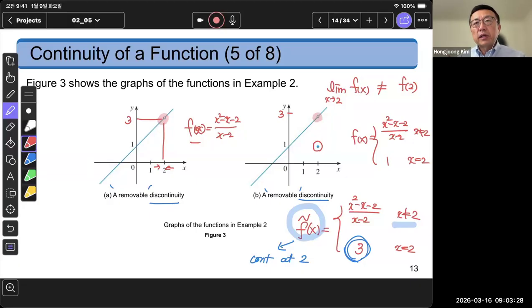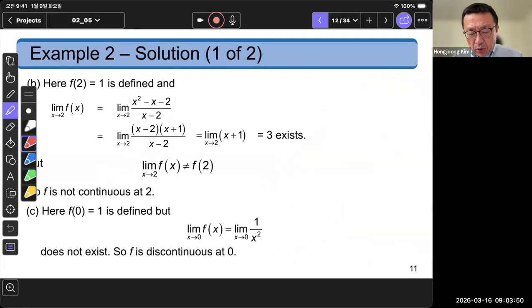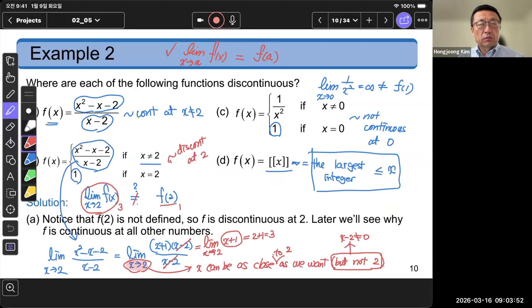So in that sense, the discontinuity can be fixed, and such a discontinuity will be called a removable discontinuity. That means by defining a function with a proper value, we can remove such a discontinuity. Now in C, we have a slightly different situation.